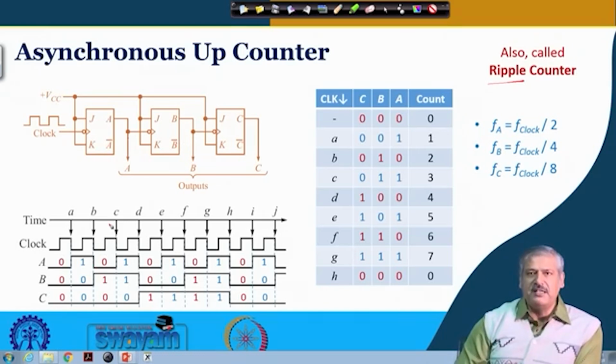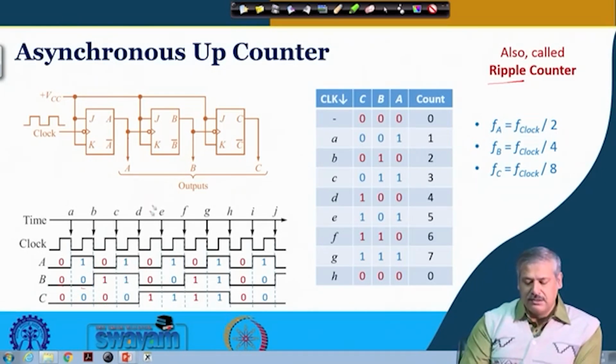So at the negative edge of the A flip flop output, the B flip flop will toggle, that is the idea. So B remains 0 0 over here for these time instances. Only at time instant B, when it gets a negative edge, it toggles, so it goes from 0 to 1. Now how long will it remain at 1?